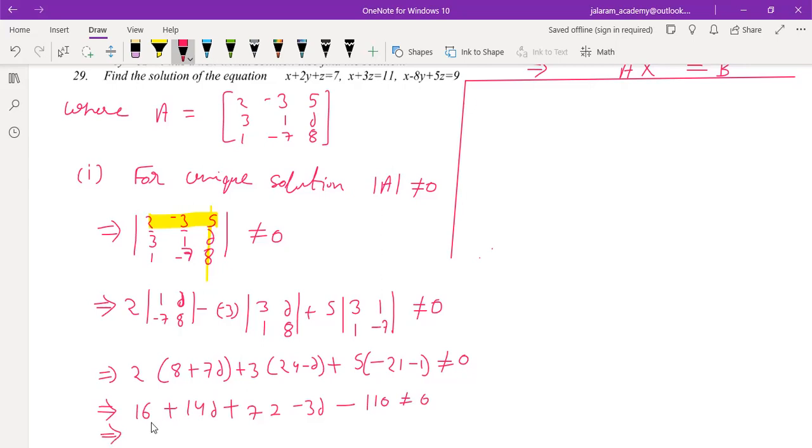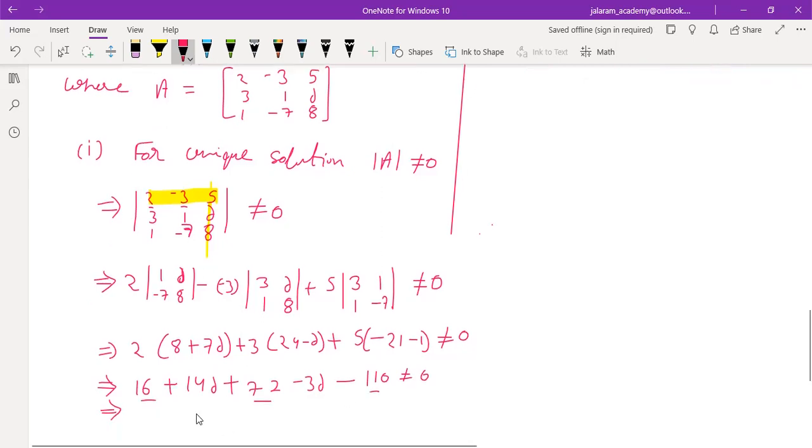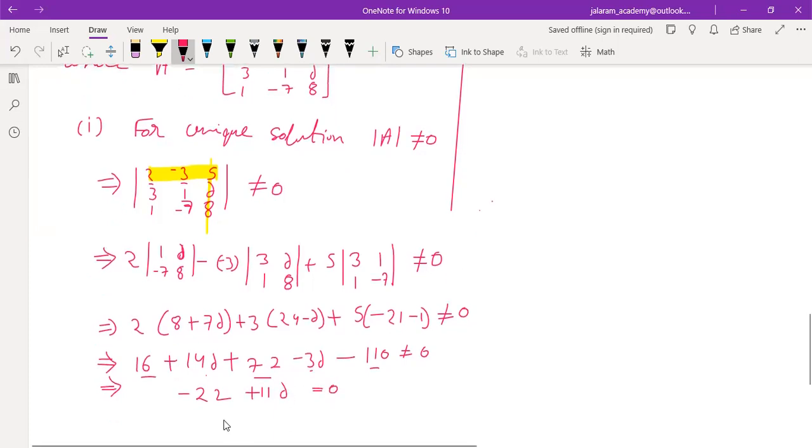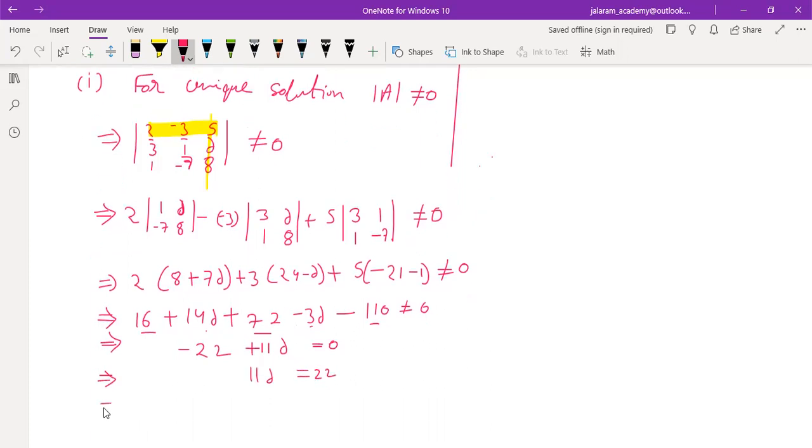It implies 16 plus 72 minus 110 is minus 22, and 14 delta minus 3 delta is 11 delta, minus 22 not equal to 0. It implies 11 delta not equal to 22. Dividing both sides by 11, delta not equal to 22 by 11, that is 2. They are not equal to 2.